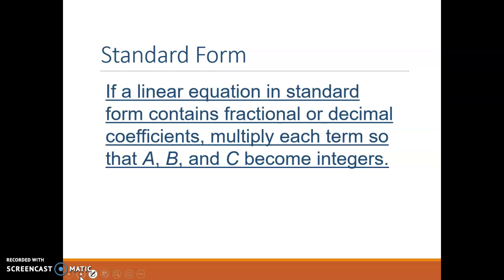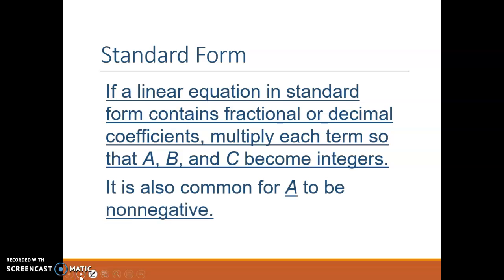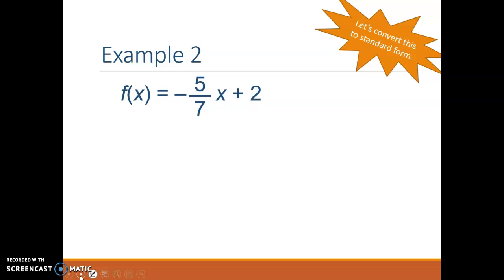If a linear equation in standard form contains fractional or decimal coefficients, we want to multiply each term so that a, b, and c become integers. We want to make sure we don't have any decimals or fractional coefficients in there. It's also common for a to be non-negative, so we may have to divide the whole thing by -1 if we want to make sure our a is not negative. Let's take a look at some examples.